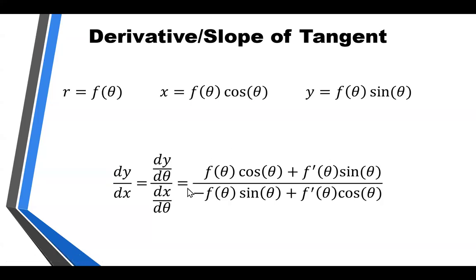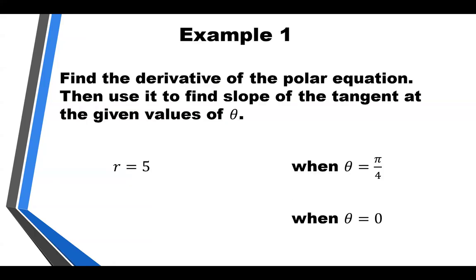Even if this derivative formula looks fairly complicated, it's much, much less complicated than trying to convert our rose curve or our cardioid back into rectangular form. So that's the idea of derivatives in polar equations.